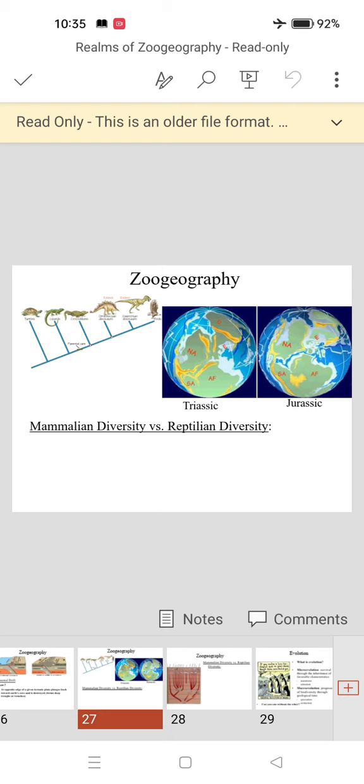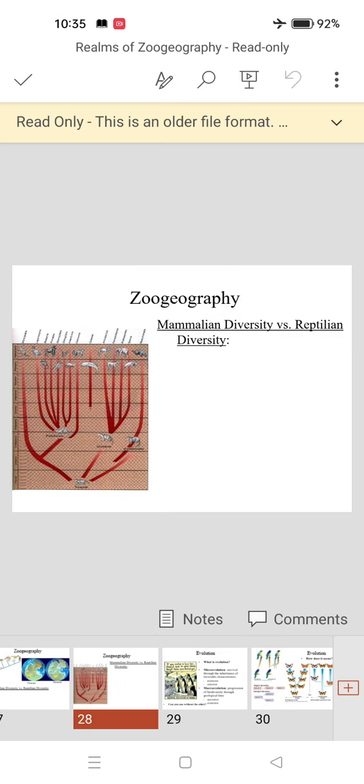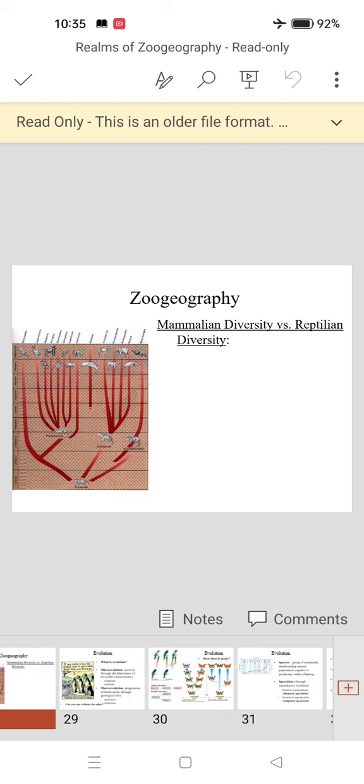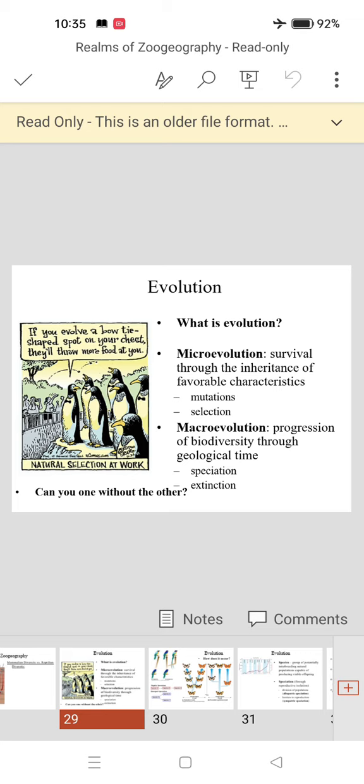In the Triassic and Jurassic, we see mammalian diversity versus reptilian diversity. The evolution involved is microevolution, the survival through inheritance of favorable characteristics, that is mutation and selection.